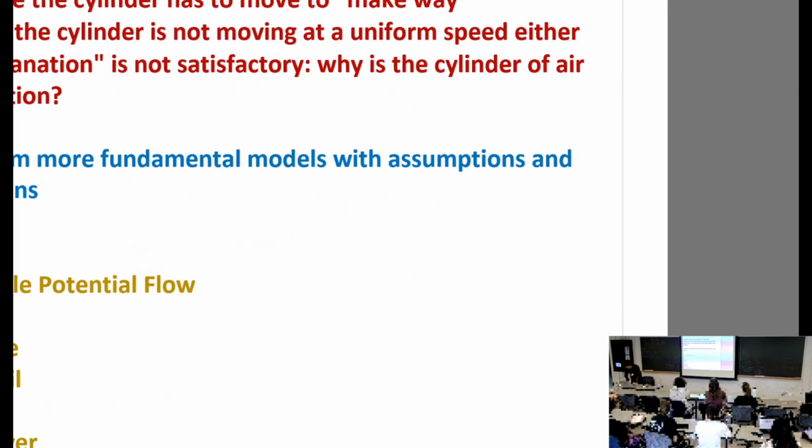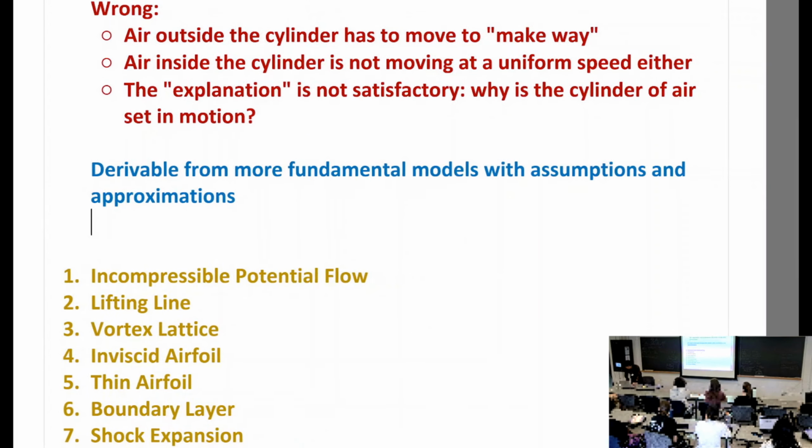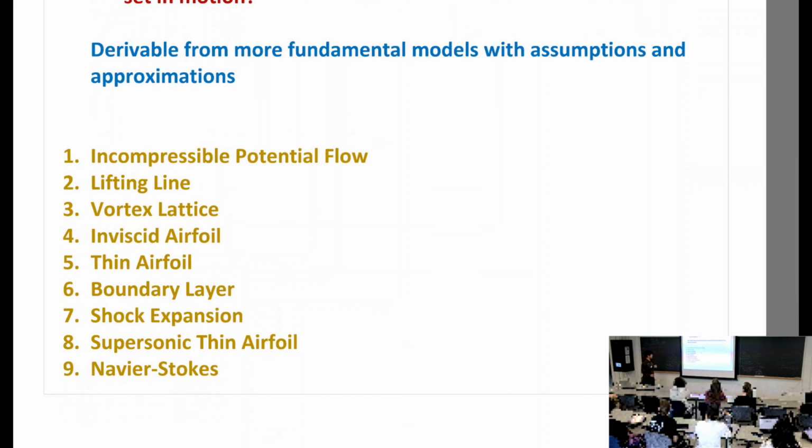It doesn't follow exactly as a chain of models, but we're going to be discussing incompressible potential flows. For each model, we are going to explain in what scenario it is useful and in what way it is wrong. For example, incompressible potential flow is going to be wrong once your flow is fast enough that it no longer becomes incompressible.